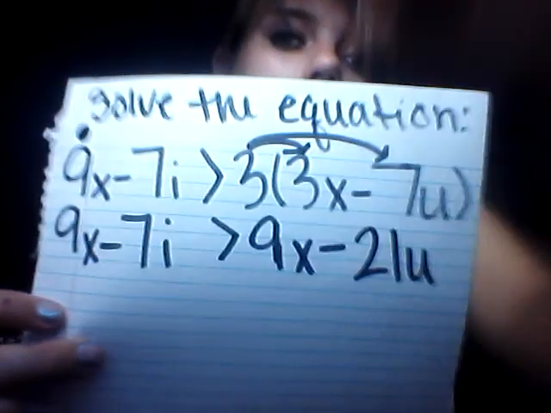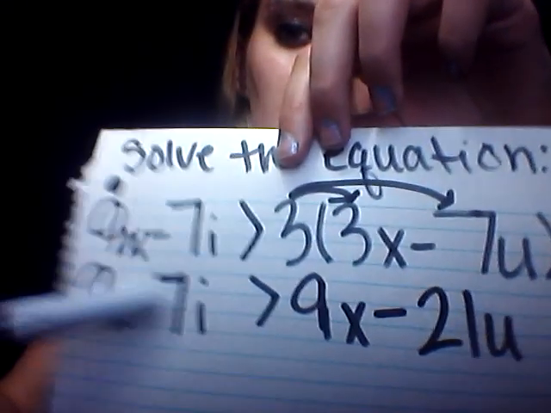Okay, so we stop ignoring this part right here. We're just going to stop ignoring it, and we're going to bring it down, so that's 9x minus 7i.